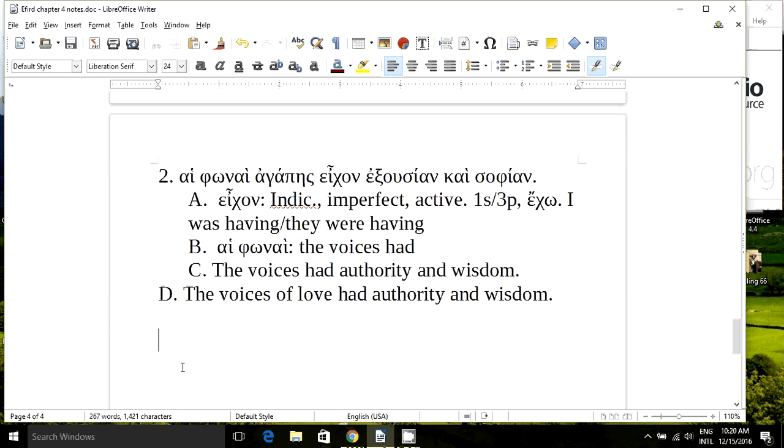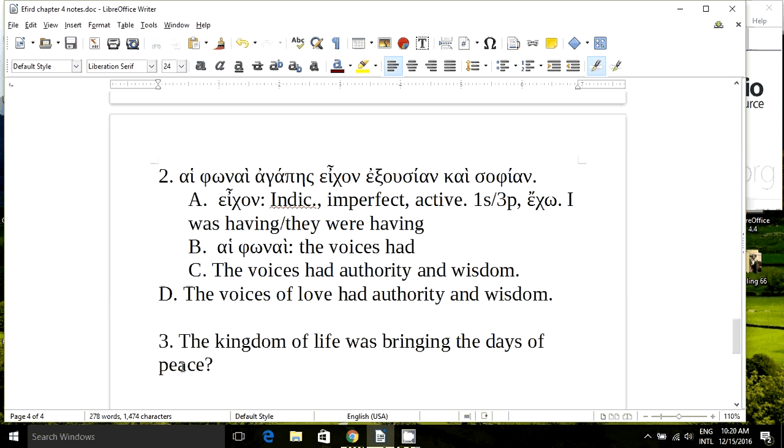Okay? So 3, by the time it's all said and done, you should have the correct translation is the kingdom of life was bringing the days of peace and question mark, and so then you could go back in English and change the word order. We'd say was the kingdom of life bringing the days of peace. So we'd put that back around here.